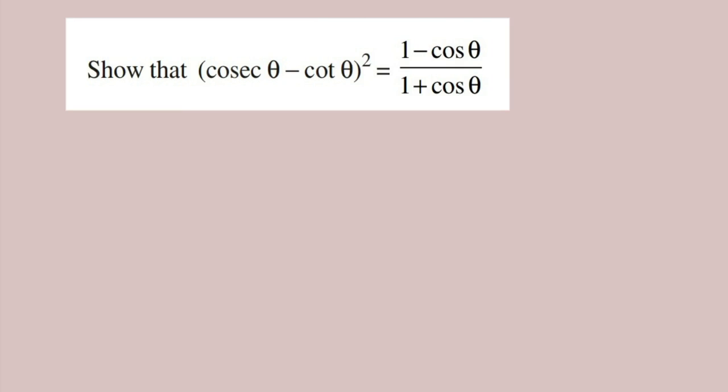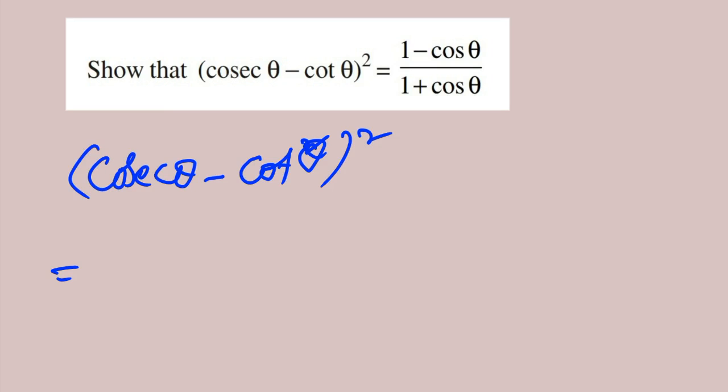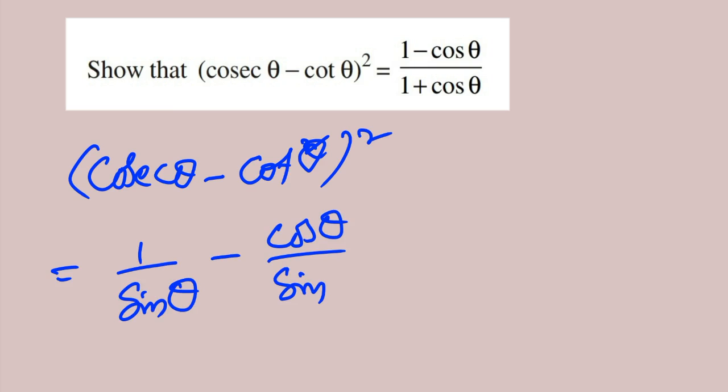Here is another problem: show that cosecant theta minus cot theta whole square is equal to 1 minus cos theta by 1 plus cos theta. Here I am going to take the LHS part, that is cosecant theta given already, and in the place of cosecant theta I will write 1 by sin theta, minus cot theta I can write cos theta by sin theta, whole square.